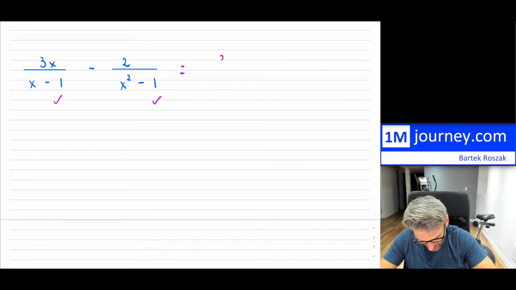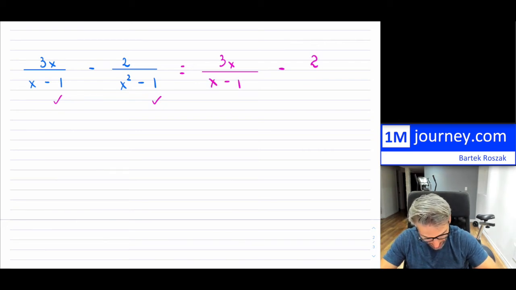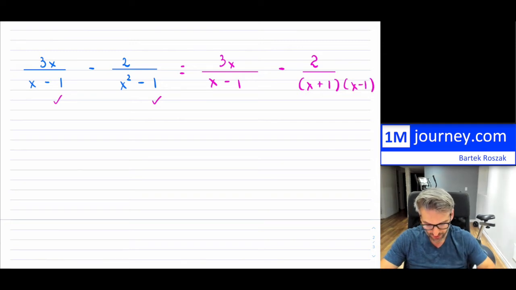So if it's not already done for me, I will factor. This one, there's really nothing to factor because it's already done. And this one, however, I do have my difference of squares, so I can do this. And from here, what I notice is that these two factors are in common, so I'm not going to have to repeat them.